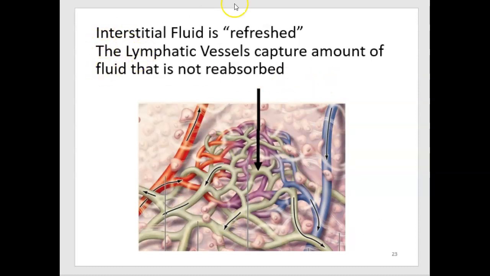And the 3 liters, maybe the same 3 liters or at least 3 liters, are going to be recaptured by lymphatic vessels, and they're green in this picture. So any water that's filtered out of the arterial end will bathe the tissues, and the same amount will be captured back into the lymphatic system, at least the fluid that's not reabsorbed.